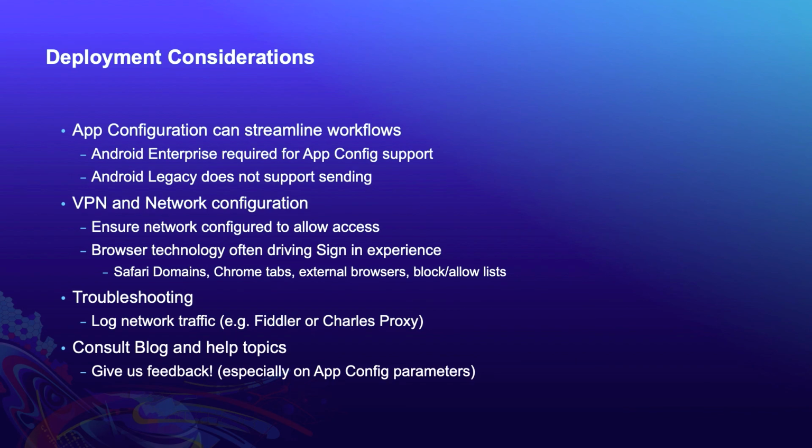So you need to ensure that those pathways have access to the internal resources as well. If troubleshooting, if you're having any challenges, use Fiddler or Charles Proxy to look at the traffic to see if you can learn something maybe about those network configurations, if that's the challenge there.